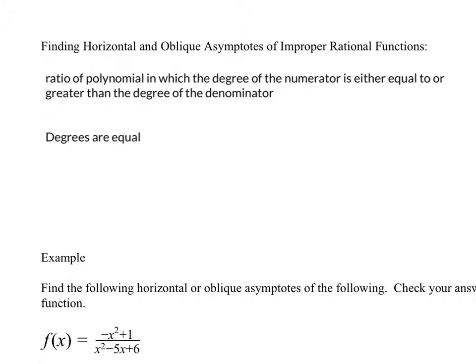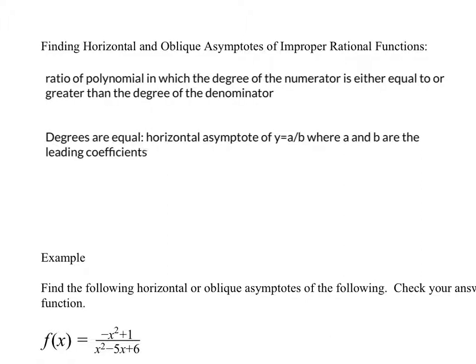when that happens, we have a horizontal asymptote of y equals a over b, where a and b are the leading coefficients of the polynomials.